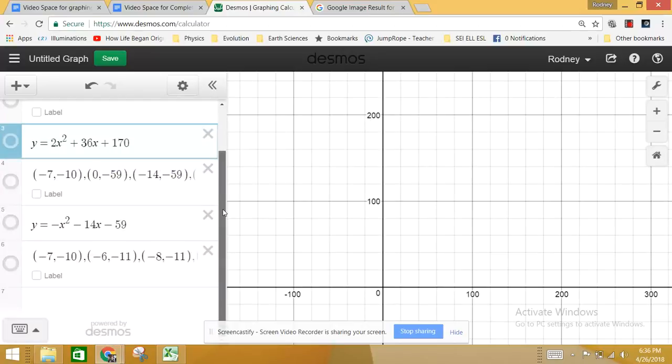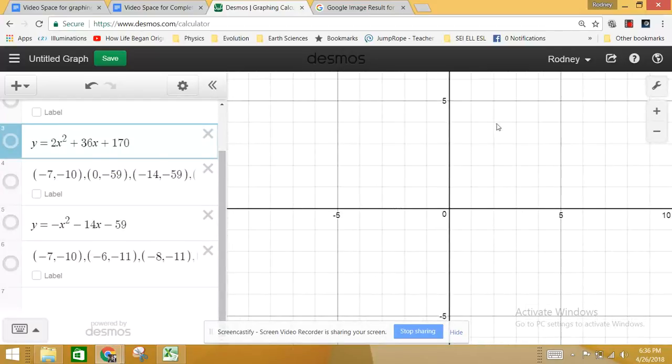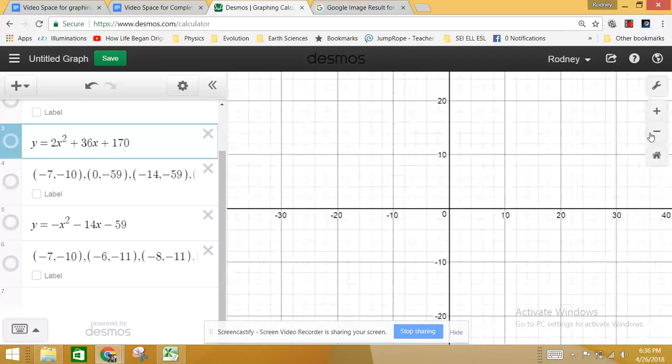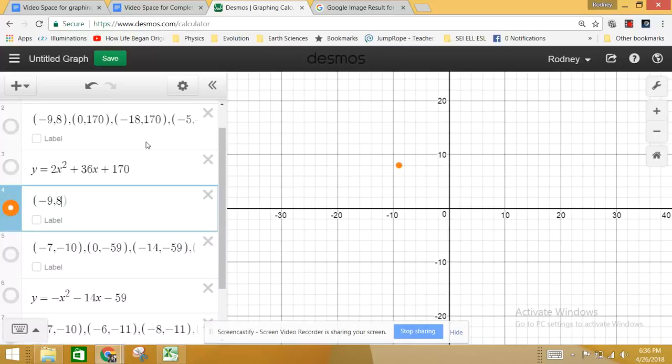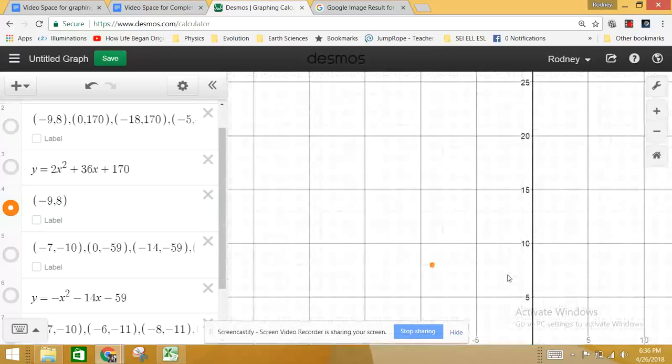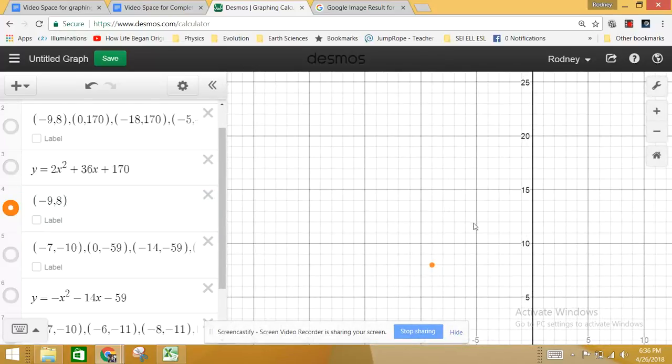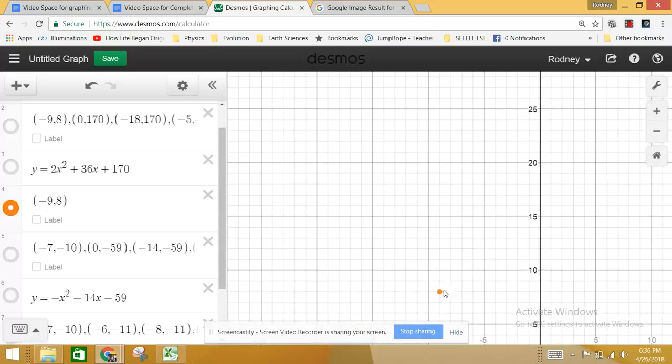So we're going to go down here and we're going to plot this. I'm going to zoom back in and we'll zoom out a little bit. And we're going to plot this point (-9, 8), which was our vertex. Now, I'm going to zoom in a little more so we can see our stuff here. And we're upward, so I'm going to move this down to the bottom since this vertex is at the bottom of our parabola.